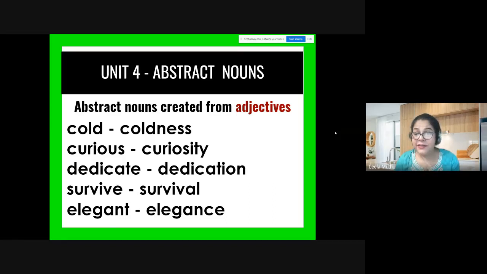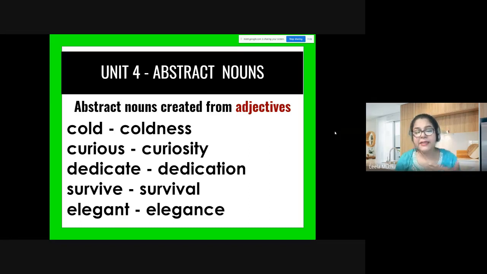Survive, survival. Elegant, elegance. Okay, elegant is to look very, what's the word? An elegant person is a person who dresses well, has good manners.